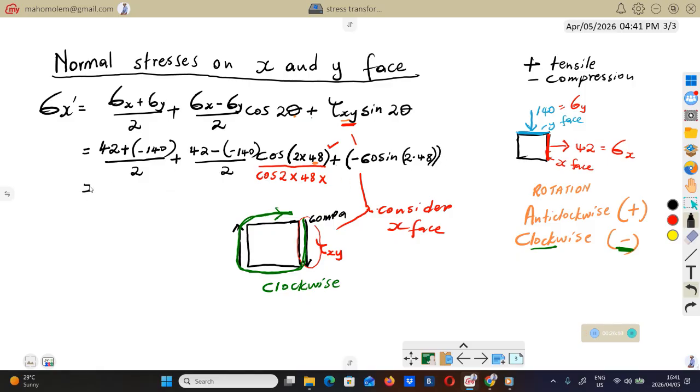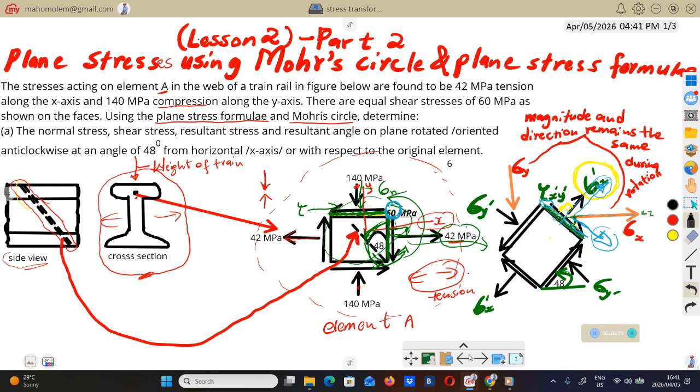Then you calculate there, you will get negative 118.183 MPa. So that will be the new normal stress after rotating this element by 48. So basically it's going to be this stress here, 118.183.